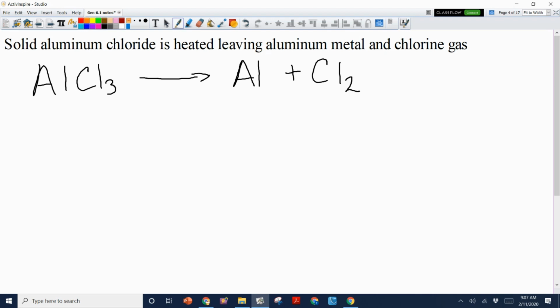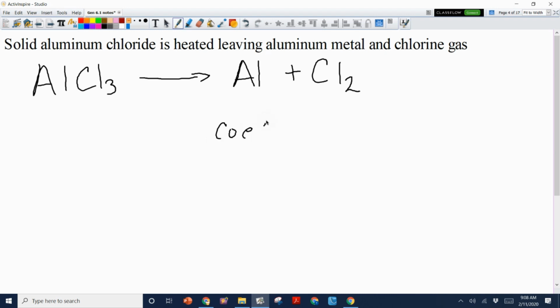What we have on this side as the reactants, on this side of the arrow, we have to have exactly the same atoms, the same number and the same kind. The way we do this is by adding what is called coefficients.